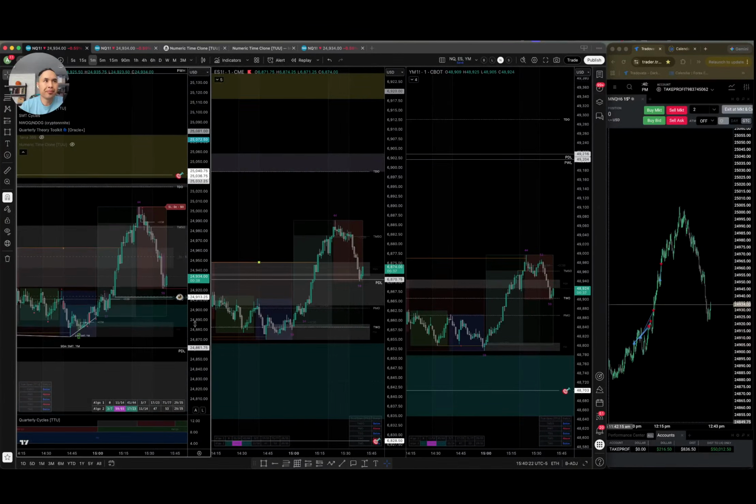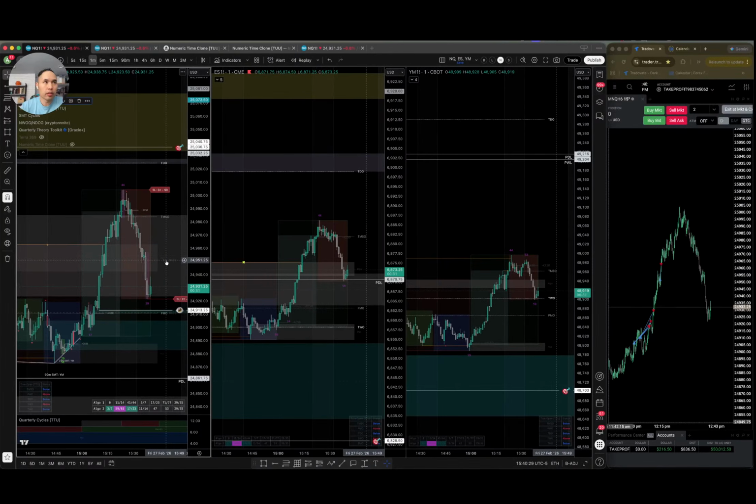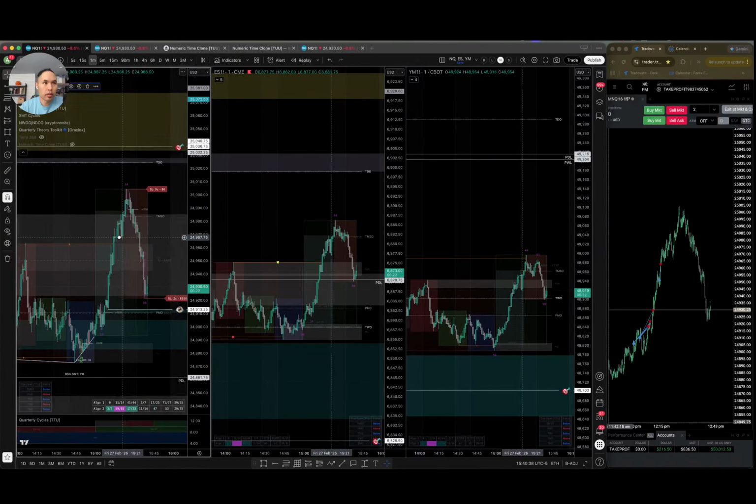Let's see. This is going to be retrace short. Big manipulation candle here. Manipulation time at Q2. This micro.